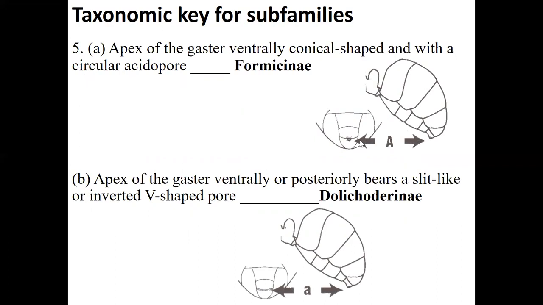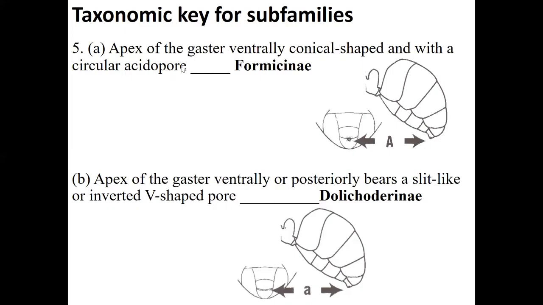It appears in this manner, usually covered with setae, or at least one setal row surrounding the acidopore. But in some genera, such as Polyrhachis and Camponotus, sometimes it's very difficult to see the setae. If so, it's a member of Formicinae. So the specimen belongs to the subfamily Formicinae, and in the ventral side you see it here, right?